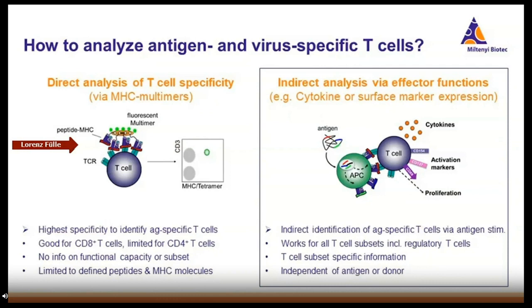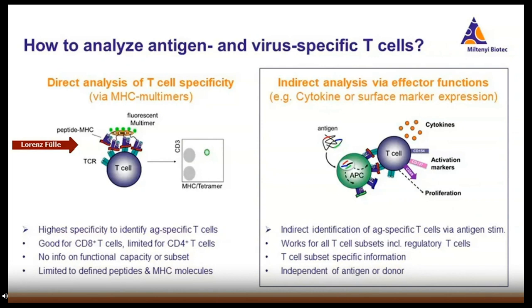And although these methods certainly have a very high specificity, they also come with some limitations. For example, they work really well for CD8 positive T cells, but only very limited for CD4 positive T cells. There's also no info on the functional capacity or the T cell subset, and it is also limited to defined peptides, let's say antigenic epitopes, and MHC molecules.